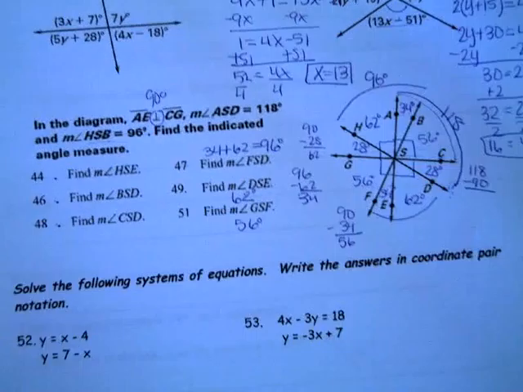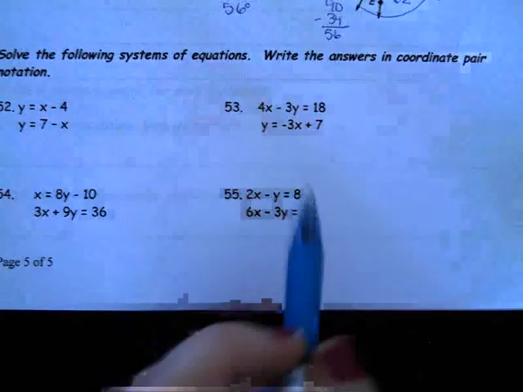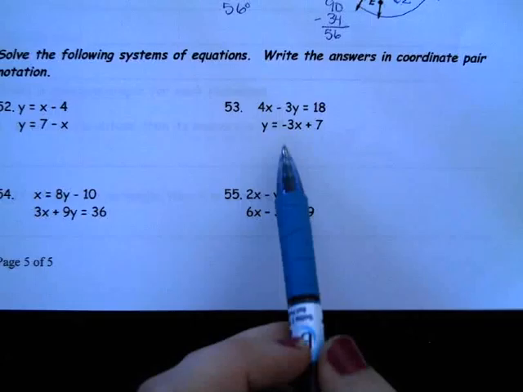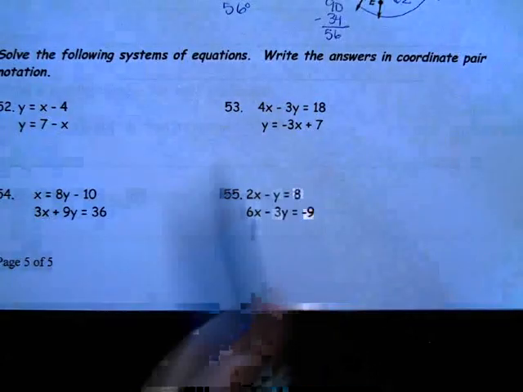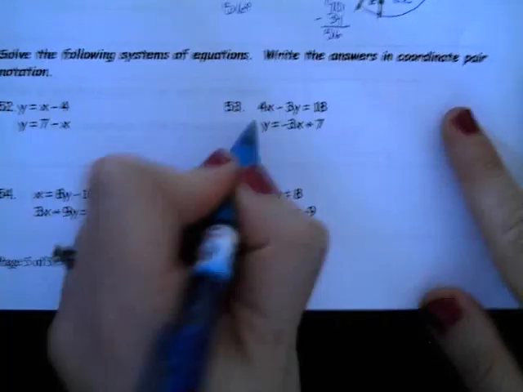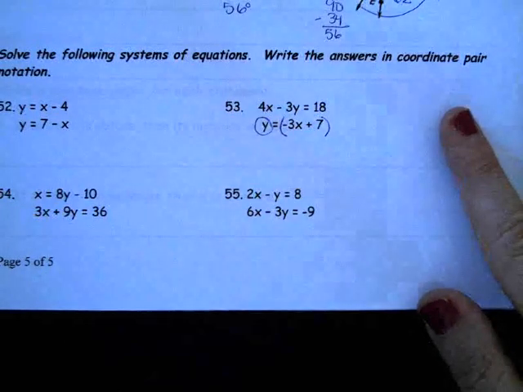All right, the last two problems are solving systems of equations. Looking at 53. 53 looks like it is really easily set up for substitution, and I know it's set up for substitution because y is totally by itself in that second equation. So I'm going to put parentheses around what it's equal to.